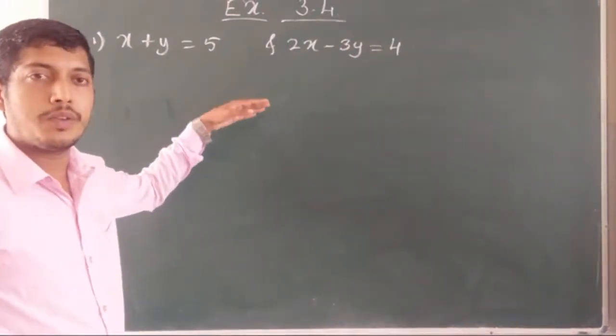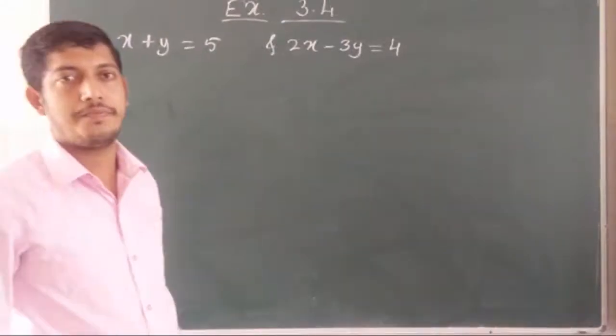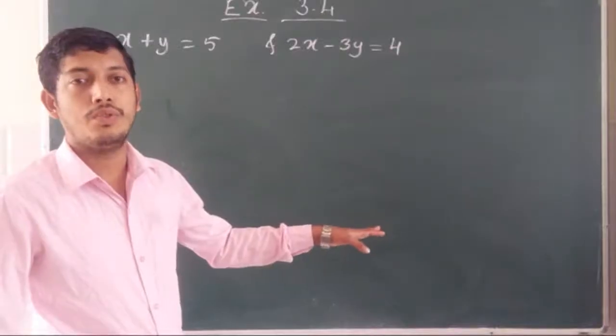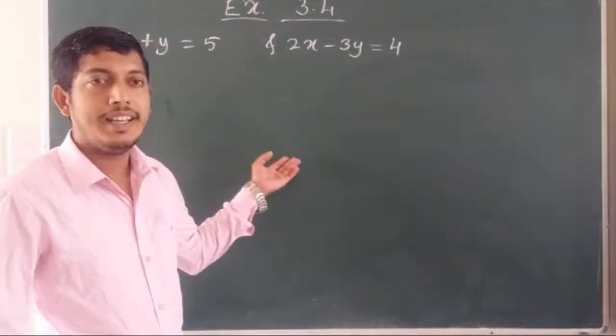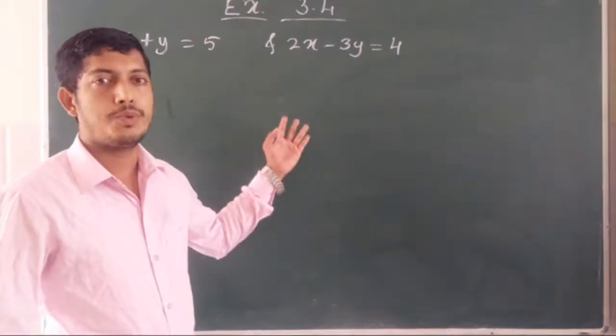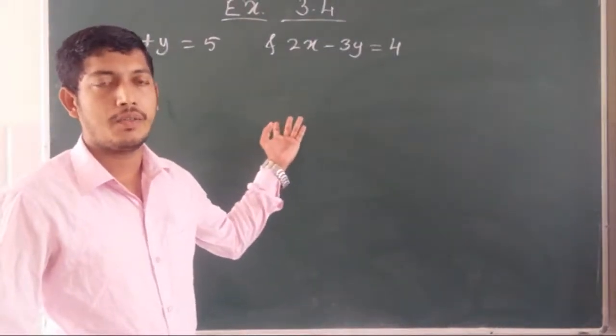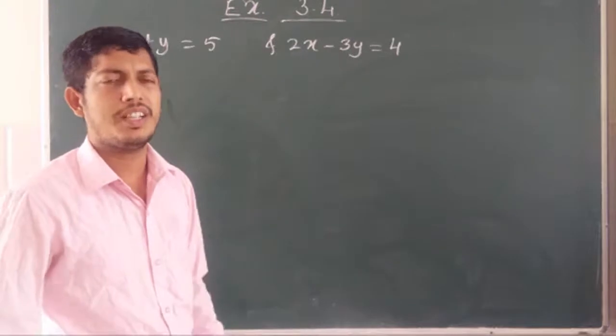We substitute the value of x in the second equation, then we get the value of y. Then we substitute that y in any one equation and we get the value of x. So that is the method.